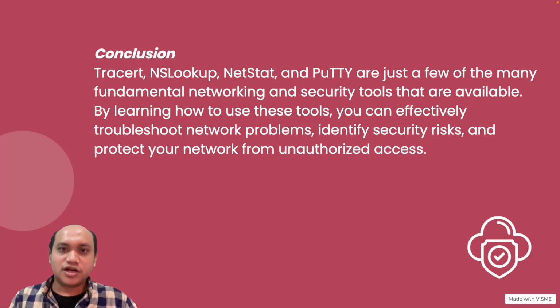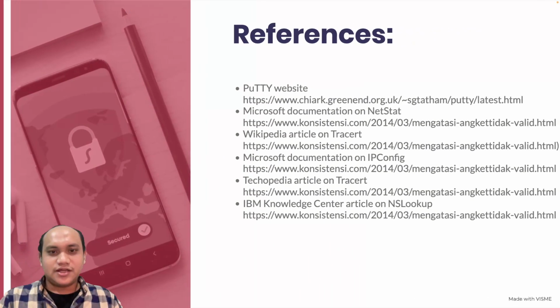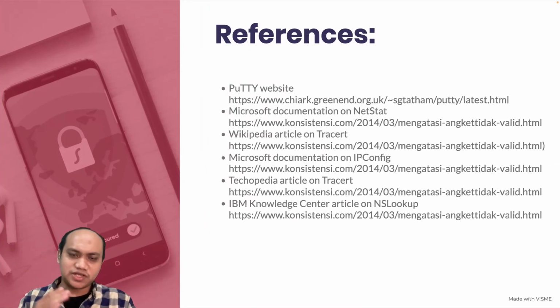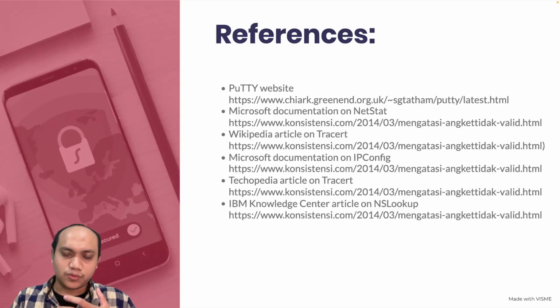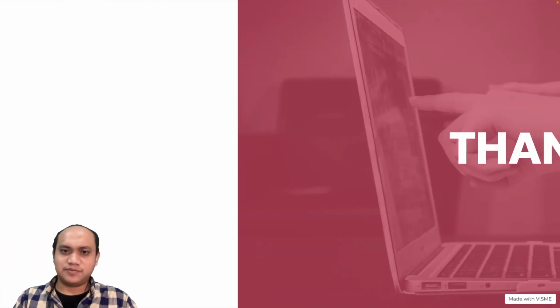By learning how to use these tools, you can effectively troubleshoot network problems, identify security risks, and protect your network from unauthorized access. Here are my references for building these materials. You can learn more from me and the references to get more information and understanding.